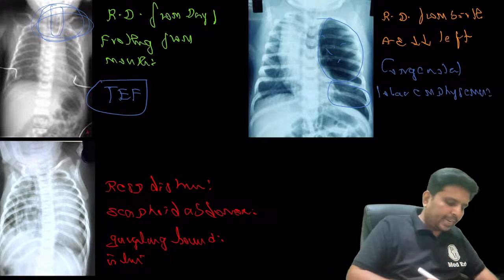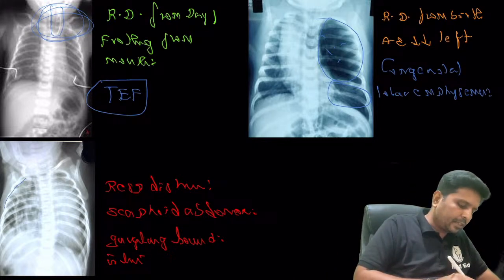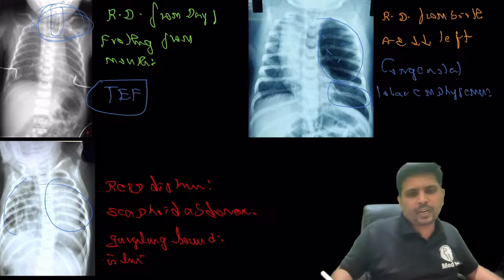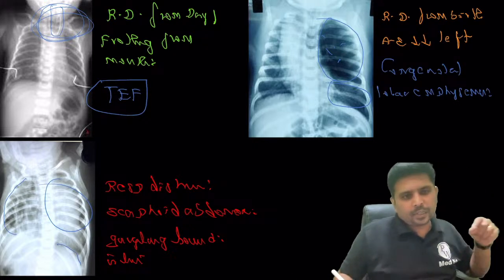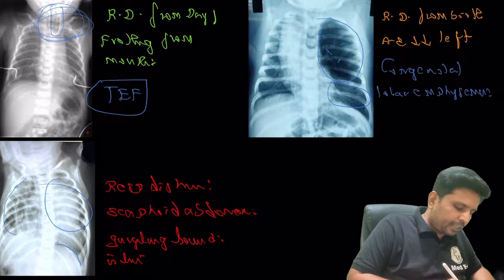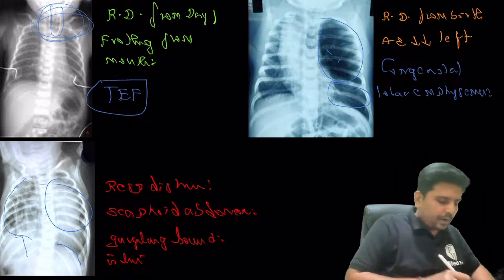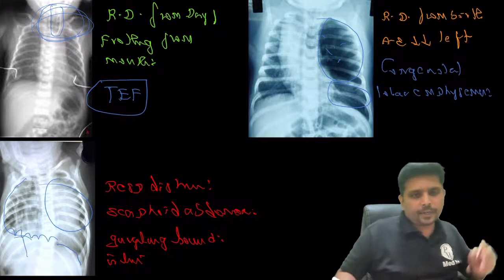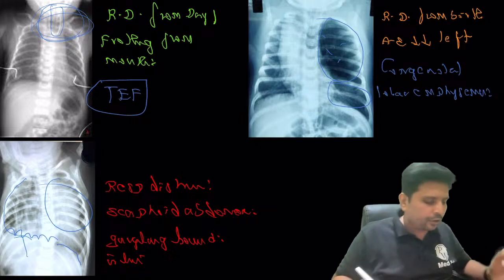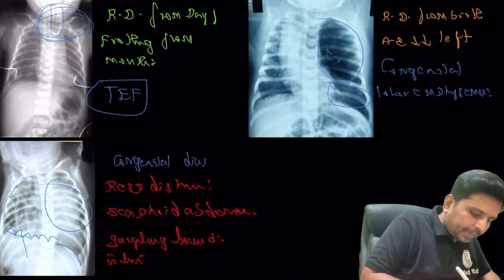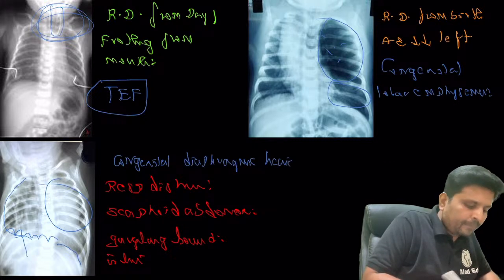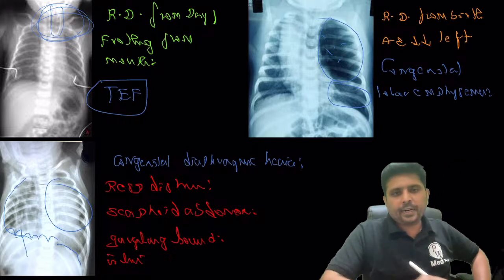Then next, what is this? The mediastinum and heart are shifted to the left. There is a diaphragm border on the left side, but the liver is pushed up on the right side. This is a case of congenital diaphragmatic hernia.